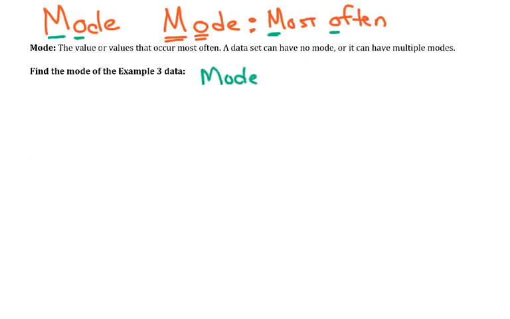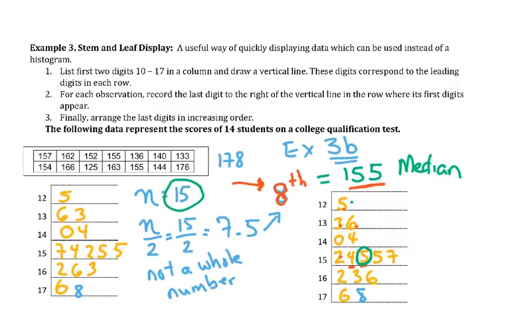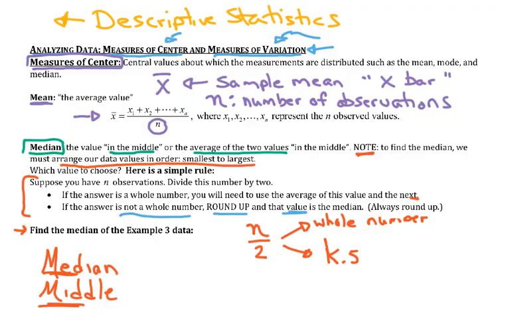Now, a data set might not have a mode. If the 155 score had not occurred twice, if every score was unique, then there would be no mode. If another score, like say we had 2 176s, then you would have two modes.